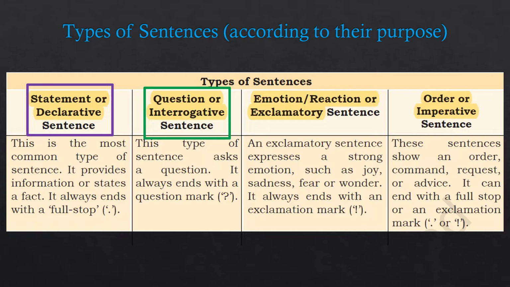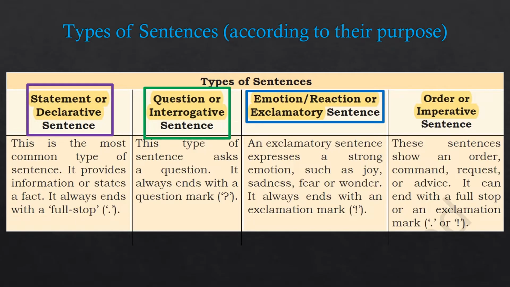Such kind of sentence is called interrogative sentence, and it always ends with a question mark. Then emotion or reaction or exclamatory sentence. In this type of sentence, we have to express a strong emotion, and it always ends with an exclamation mark.